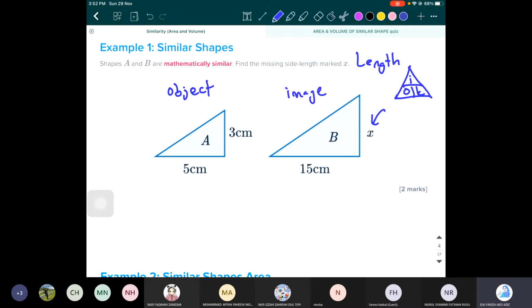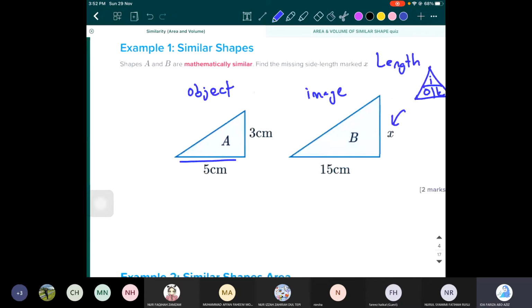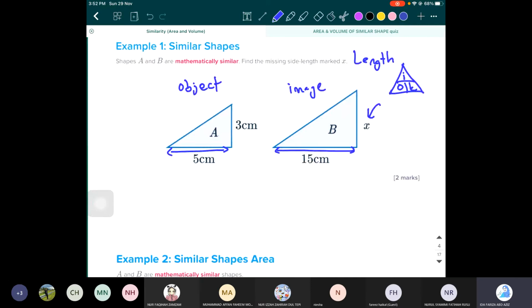So now I have 5 centimeter on the bottom and 15 centimeter on the bottom as well for the image. Dari sini kita panggil ni the 5 centimeter on the bottom and 15 centimeter on the bottom, both of this we call as corresponding sides.